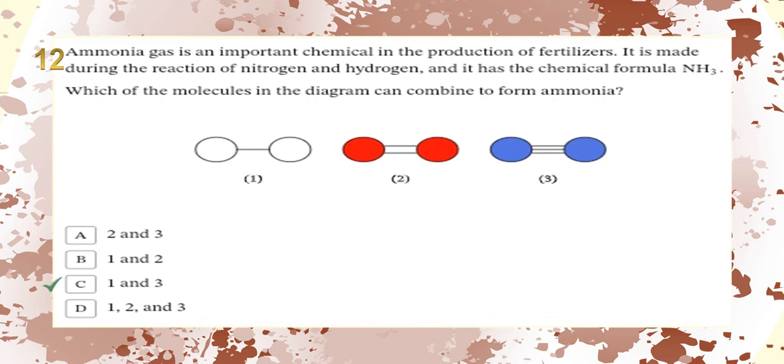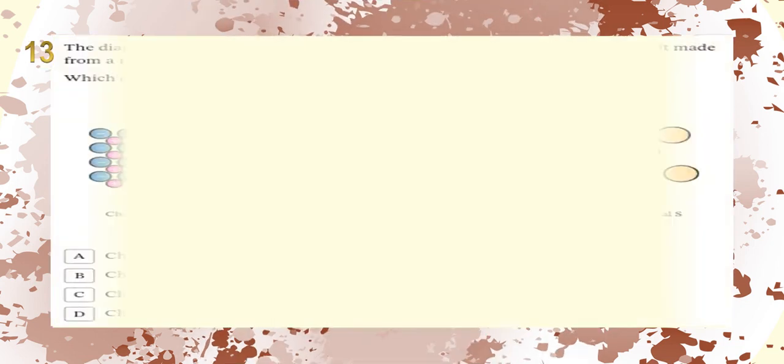The right answer will be number C. 1 and 3 will react together to form NH3, as 1 represents hydrogen, 2 represents oxygen, and N2 is represented by a triple bond between the 2 atoms of nitrogen. Okay, let's go to question number 13.